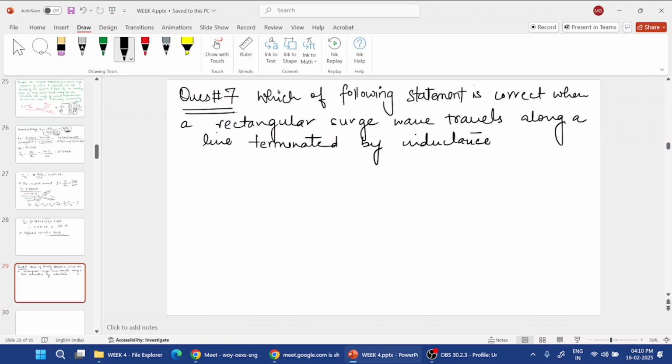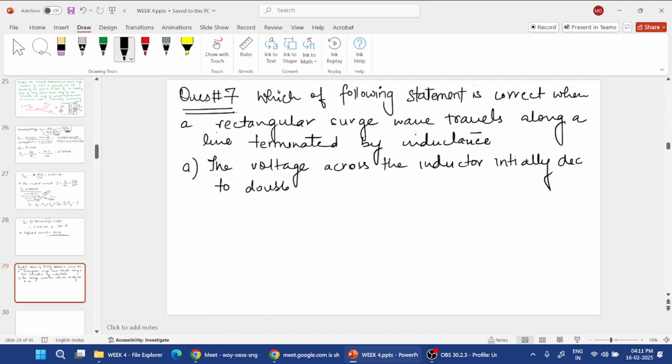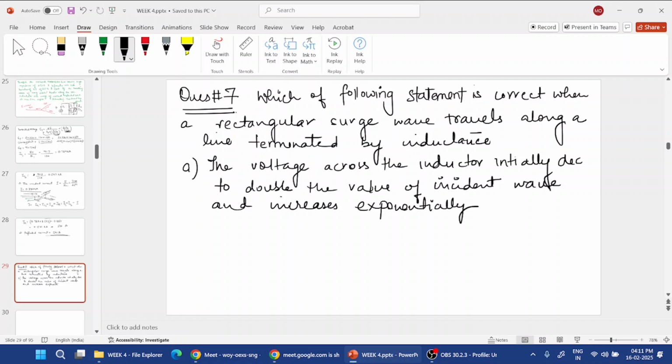Okay, first option: the voltage across the inductor initially decreases to double the value of the incident wave and increases exponentially.